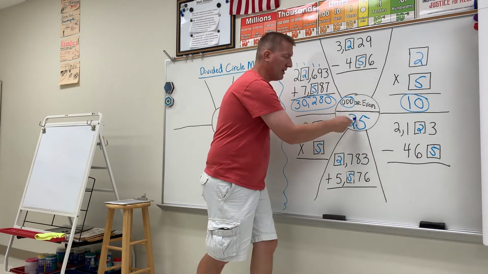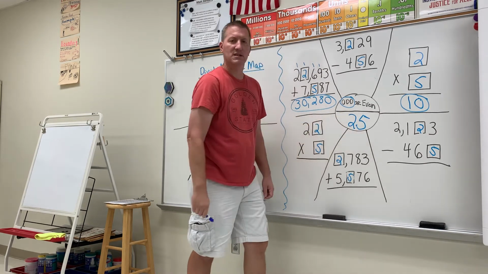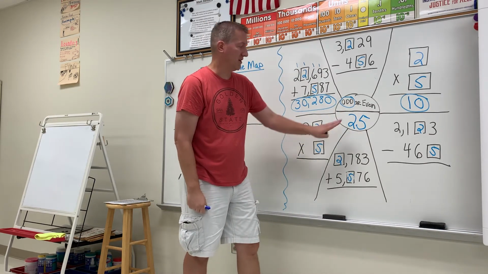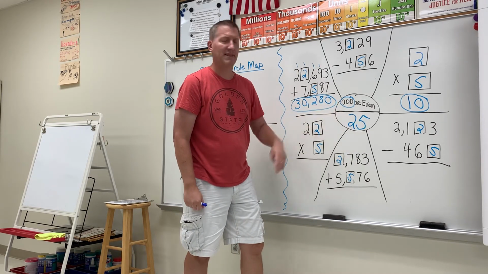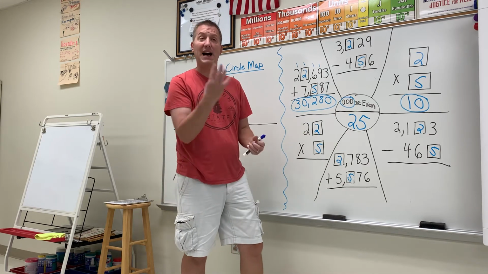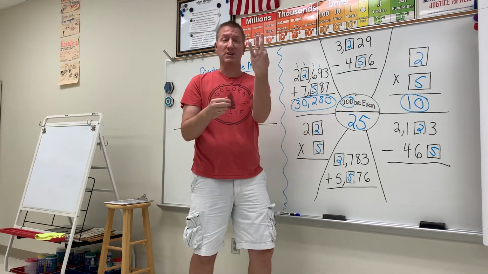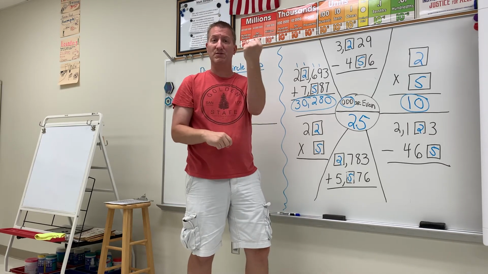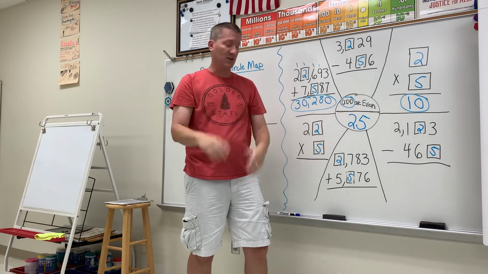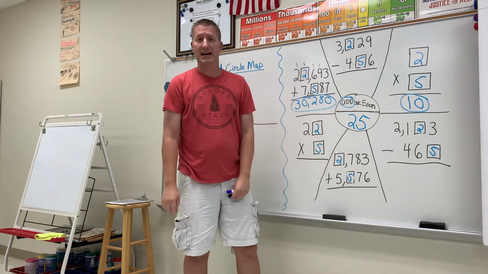And remember, all you have to do is look at the ones place. You don't even have to pay attention to the tens place. Look at the ones place, and that'll tell you if it's odd or even. So 5 is 3 and 2, or 4 and 1, or 0 and 5. None of those are equal, so therefore it's an odd.